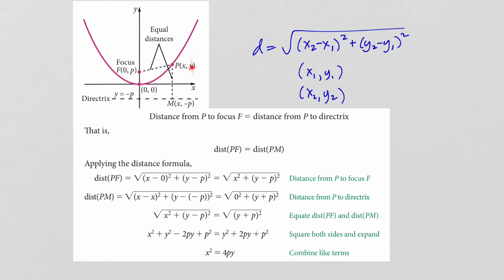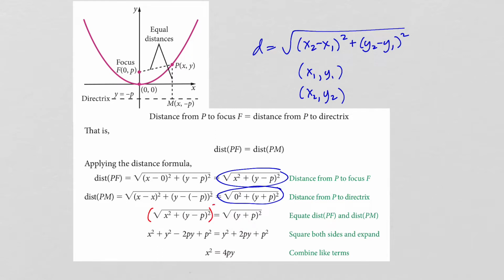And then we're going to subtract the y-coordinates, that's y, take away negative p squared. This, of course, is 0, and this becomes y plus p, and we end up getting this expression. And then what we know is this distance is equal to this distance. And that's what we have down here. We set those equal to each other.